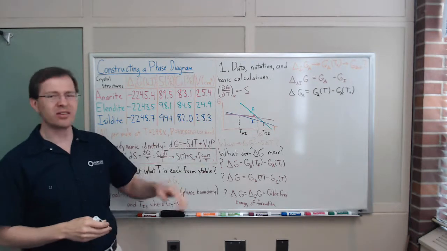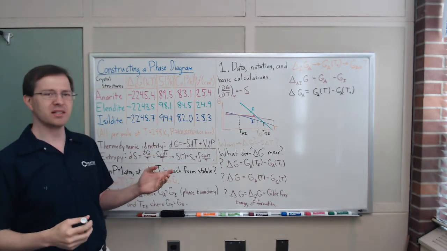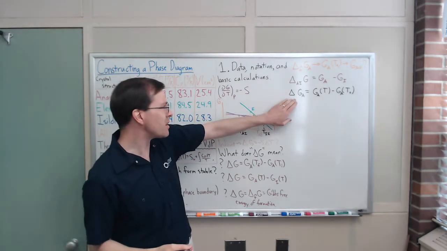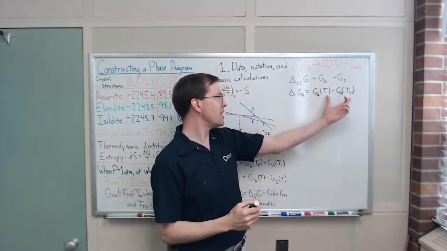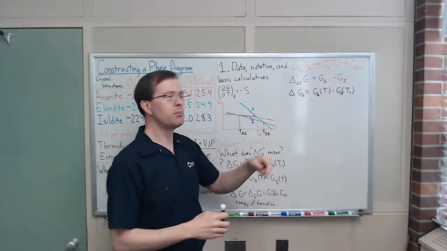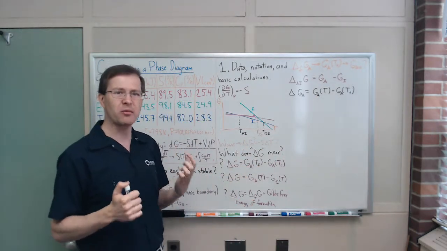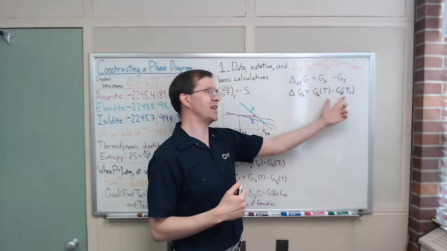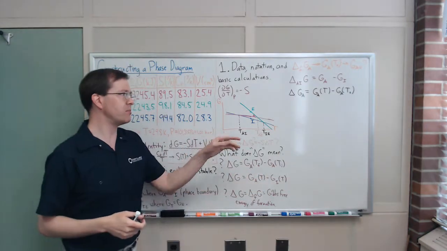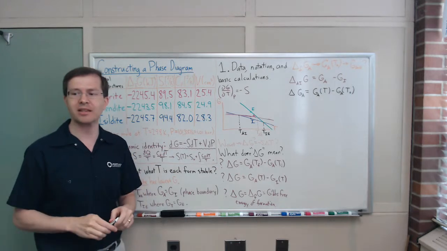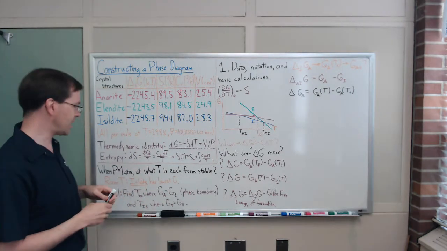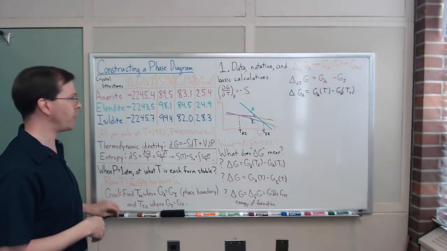If I put a delta without any subscript, I'll probably mean a difference between two different temperatures of the same Gibbs free energy. But usually, I'm going to try to remember to just write this out explicitly rather than using delta G as a shorthand, just because it is confusing. So that's how I'm going to try to make the notation less ambiguous, to make it clearer what I'm doing at any given point.